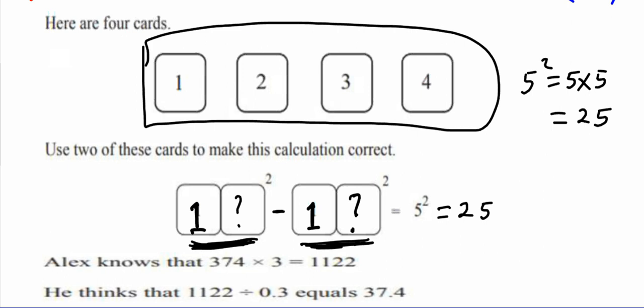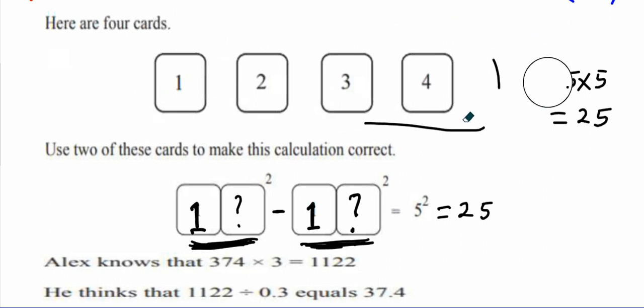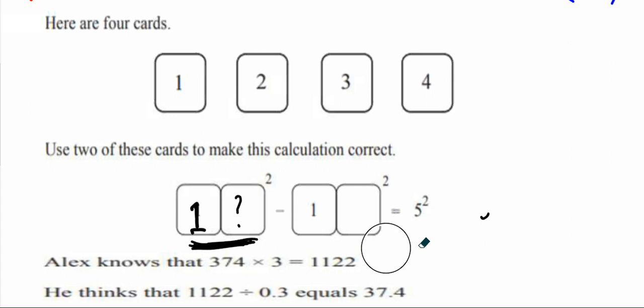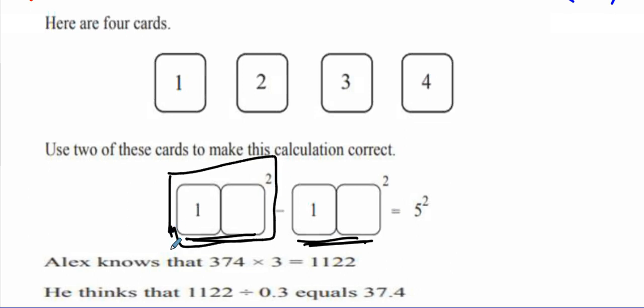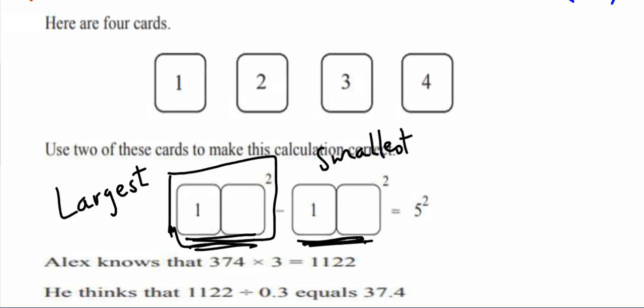Good. The idea is the number you get here, let me show you. The number you get here and the number you get over here, this number, when squared, should give you the largest result, and this number should be the smallest result when compared with this result.